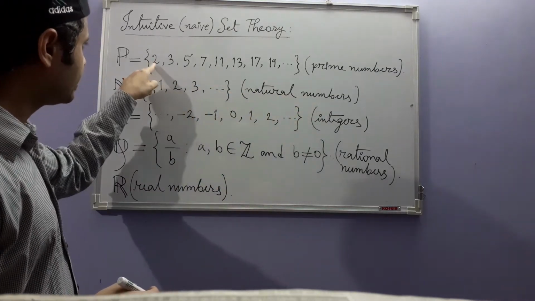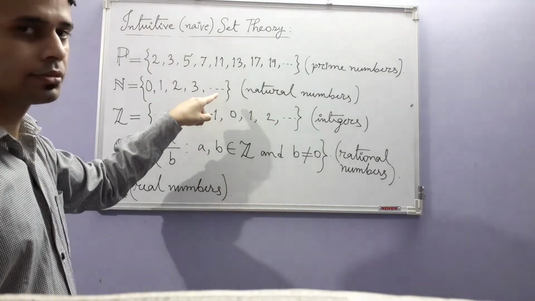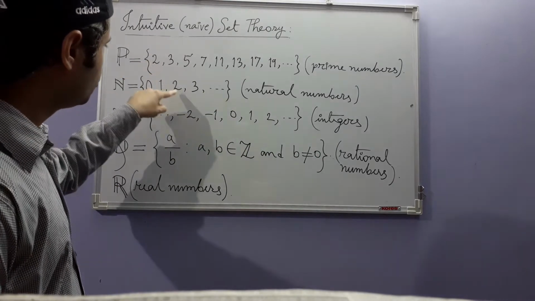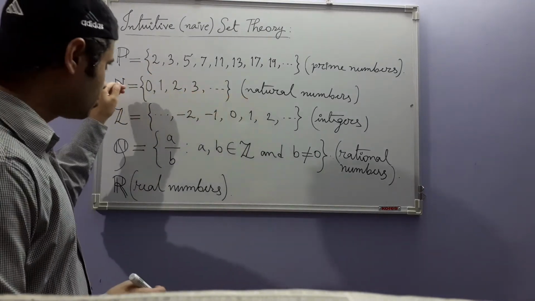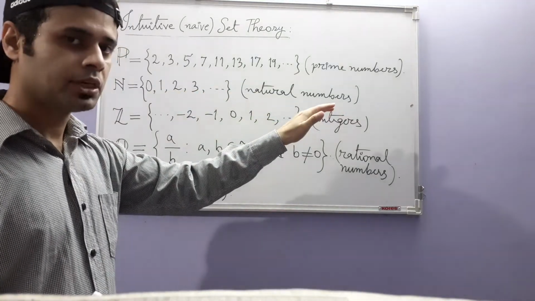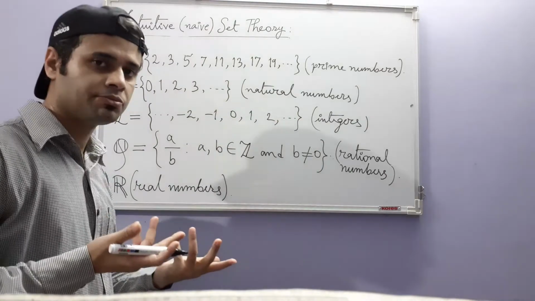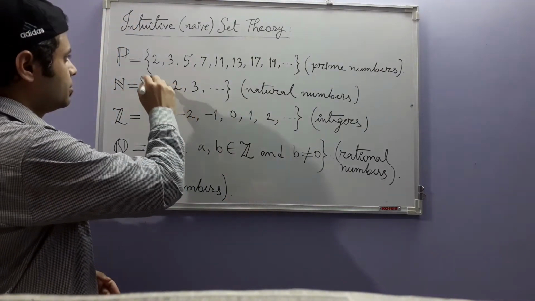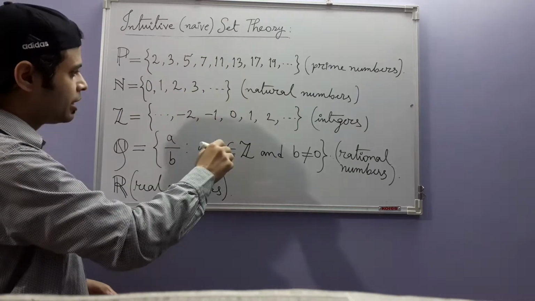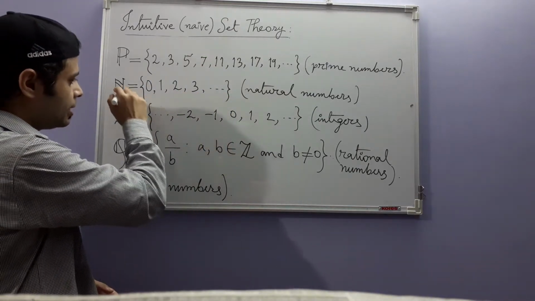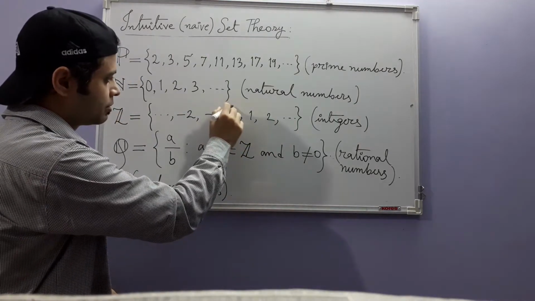You can see that every prime number is also in this set. For example, 2 is here, you get 3 here, 5 also. Because this contains all the positive integers and natural numbers are in particular positive integers, they are also contained in this set. Similarly, the set N is also contained in Z, this part.